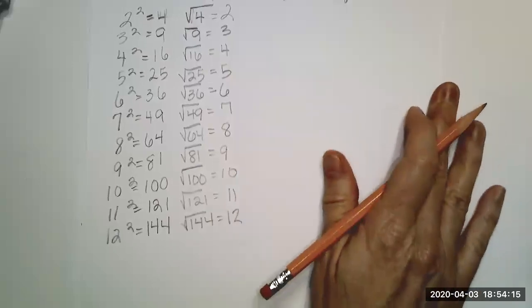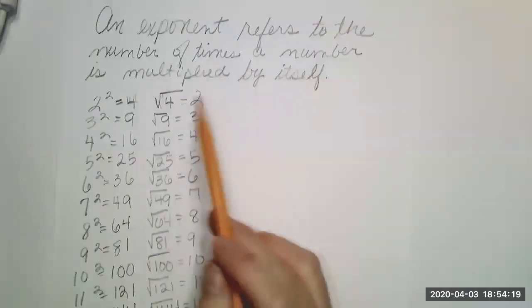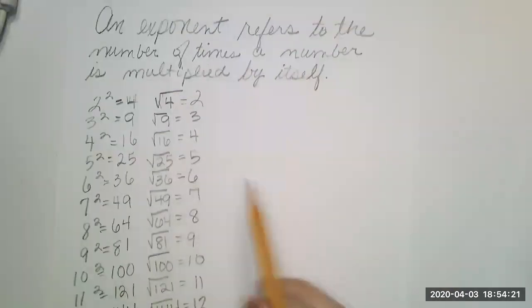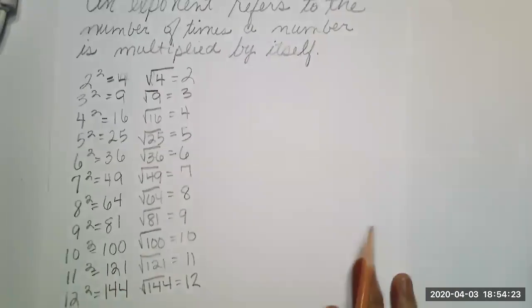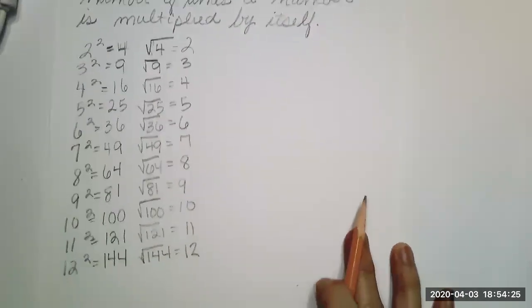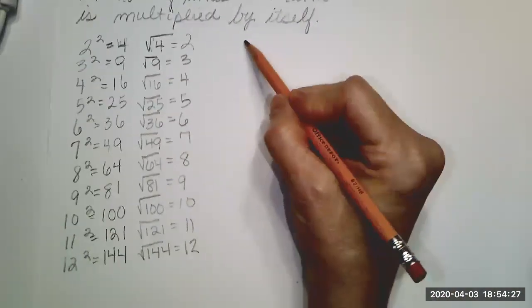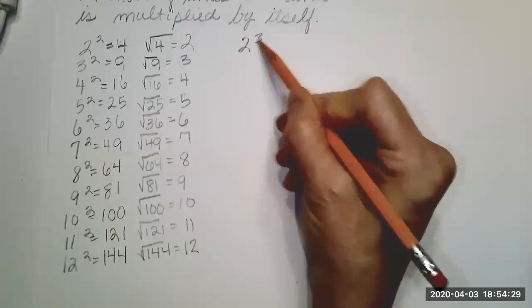But there are also exponents. If an exponent refers to the number of times a number is multiplied by itself, you can also cube a number, which would look like this.